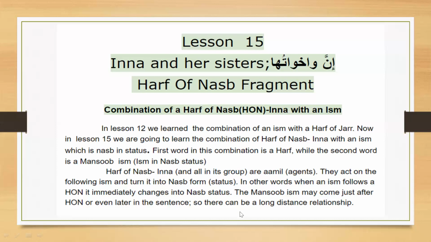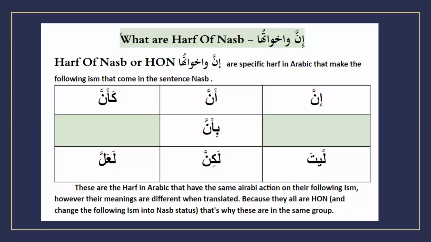So harf of nasb and its ism can be very close to each other in the sentence, or they can be distant in the jumla. Inshallah, you are going to see when we do the exercise.